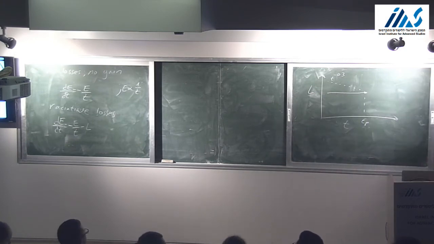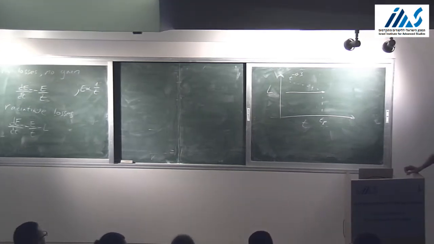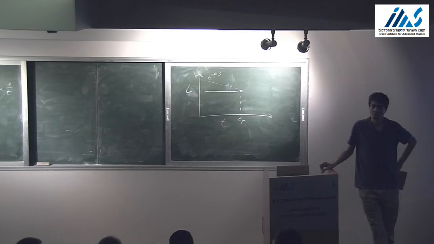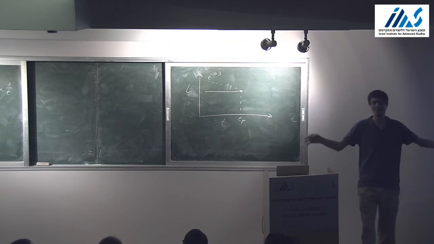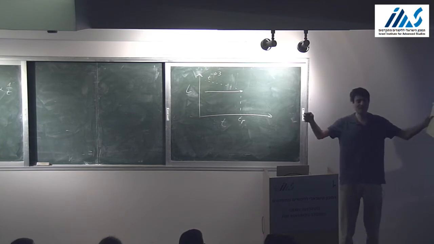So how can I estimate roughly what L is? What is the mechanism by which radiation is radiated? Diffusion. This is the only mechanism we have here. Let's assume that we freeze everything. We have some energy inside the sphere.